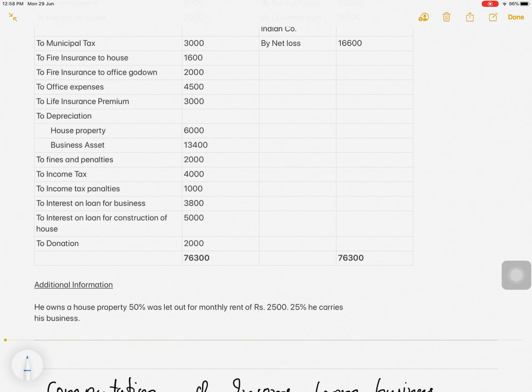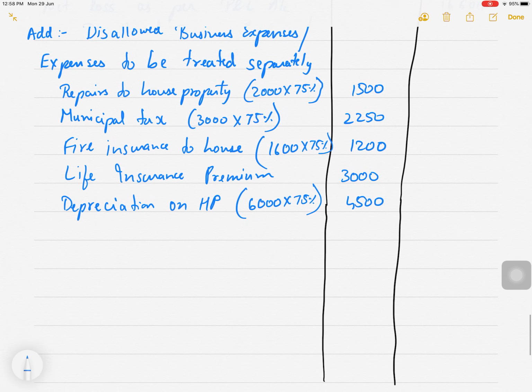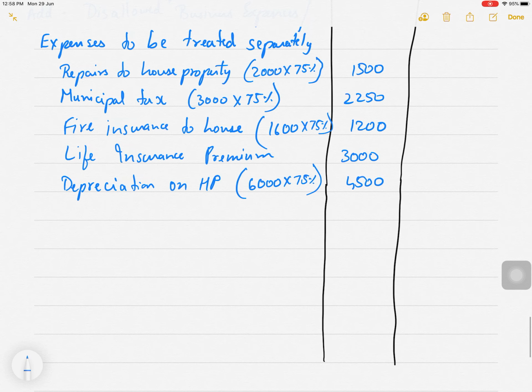Next. Fines and penalties, always disallowed. To income tax, 4,000 you have to add. To income tax penalty, 1,000, that also you have to add. So fines and penalties.